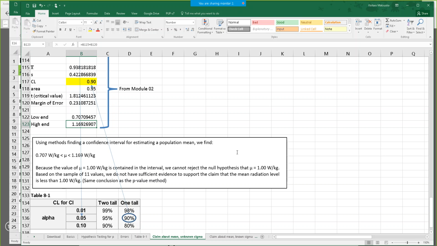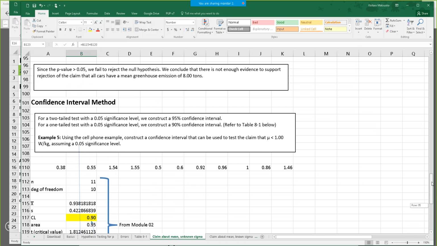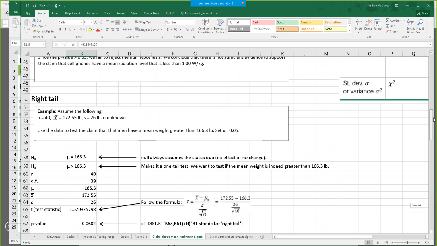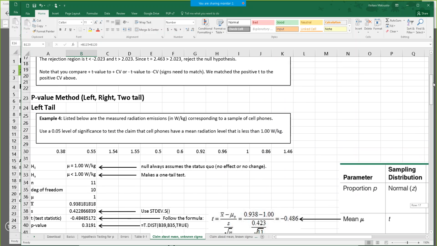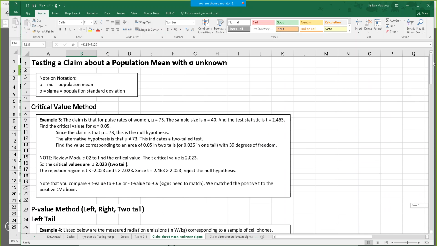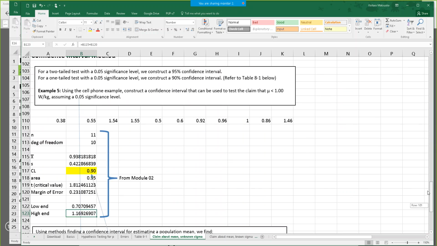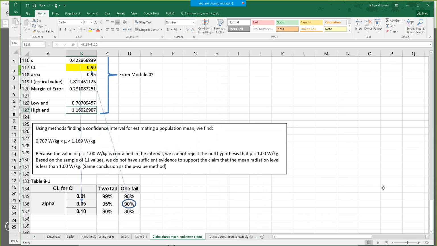Okay. As you noticed, between confidence interval method, the p-value method, and the critical value method, you should come to the same conclusion, meaning that between all of them, you will either reject or not reject the null hypothesis. You will not have a conflicting decision.